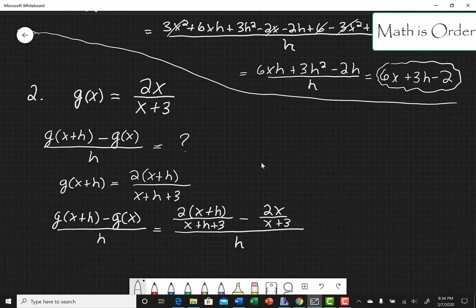Now, I'm going to clean up this numerator and try to combine these two terms in the numerator. And in order to do that, I'm going to get an LCD. The LCD is this product here, x plus h plus 3 multiplied by x plus 3. So that's going to give us 2 times x plus h over x plus h plus 3 times x plus 3.